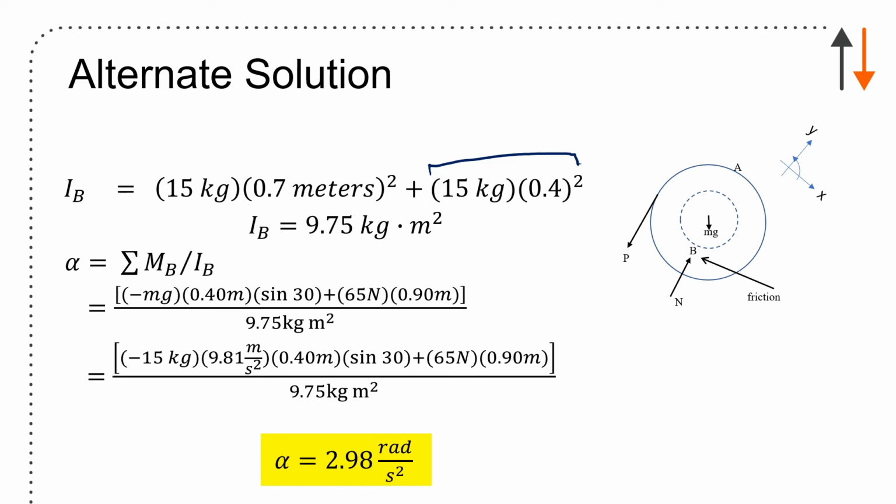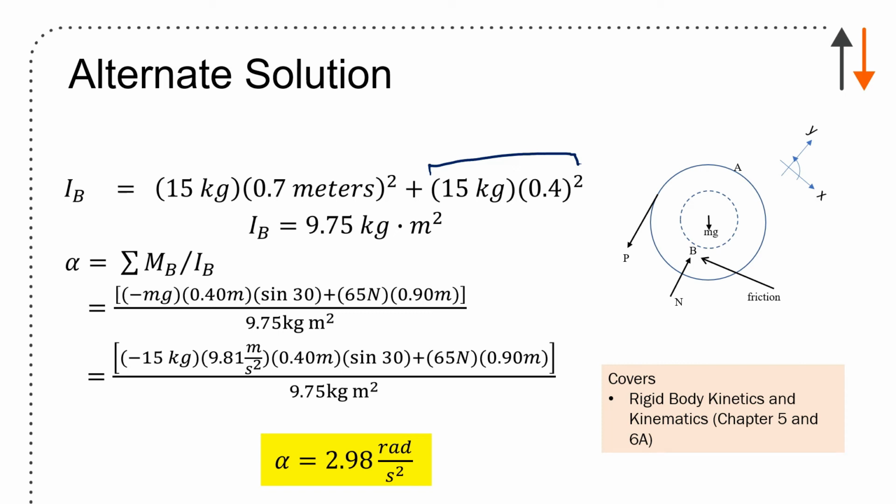All of the terms pretty much disappear, except for the P moment and also the weight component that is acting in the x direction. So putting all the terms together and substituting in, I get, no surprise here, the same answer: counterclockwise alpha of 2.98 rad/s squared.